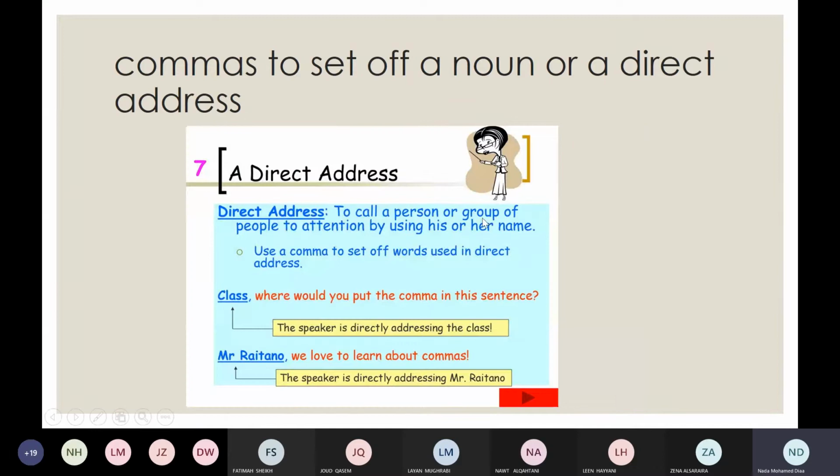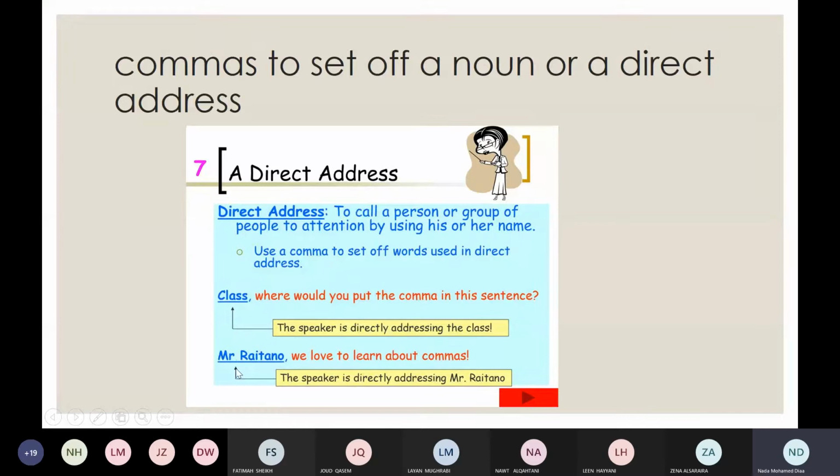Direct address is to call a person or group of people to attention by using his or her name. Use a comma to set off words used in direct address. Where would you put the comma in this sentence? The speaker is directly addressing the class. So he says, class, he talks to them. Class, comma. Where would you put the comma in this sentence?